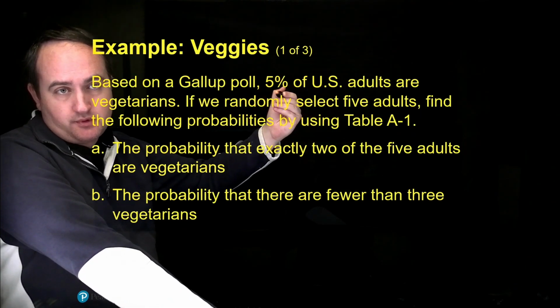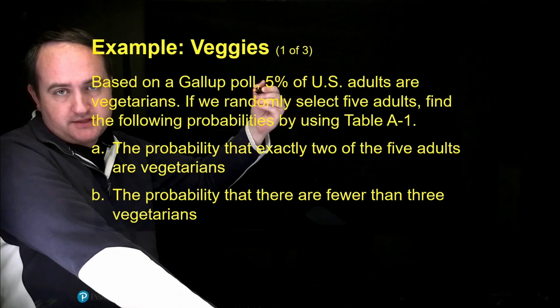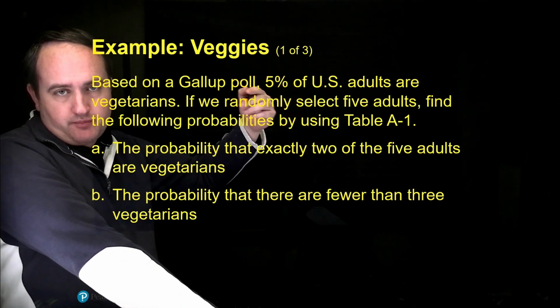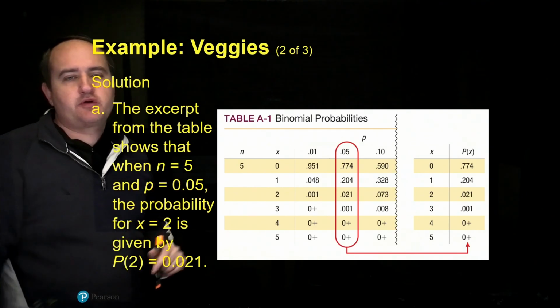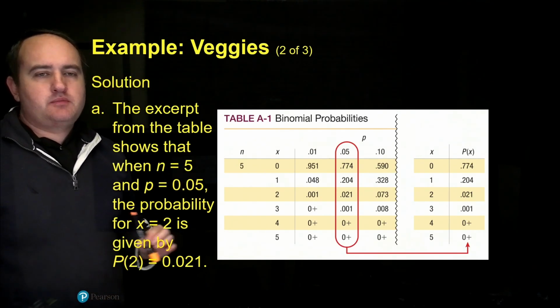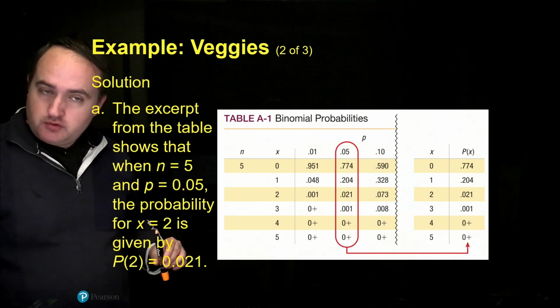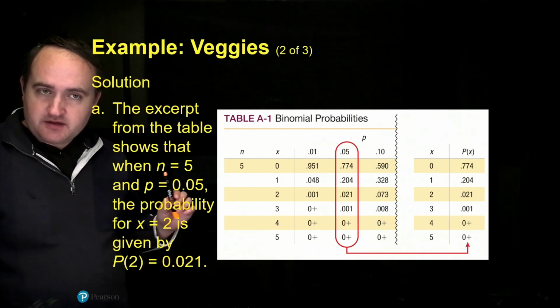You move the decimal 2 places to the left. So the probability of success is P equals 0.05. The probability for X equals 2 successes out of N equals 5 trials.